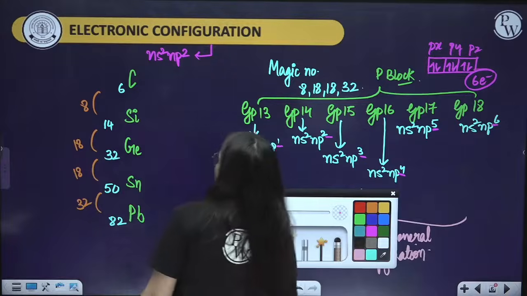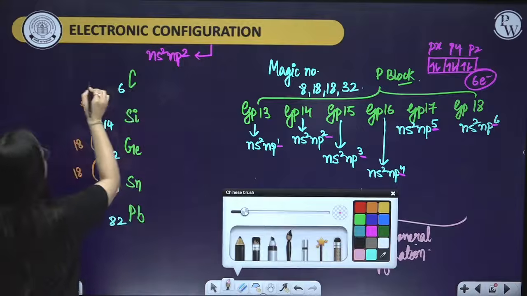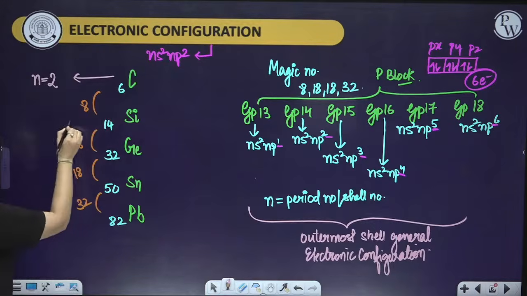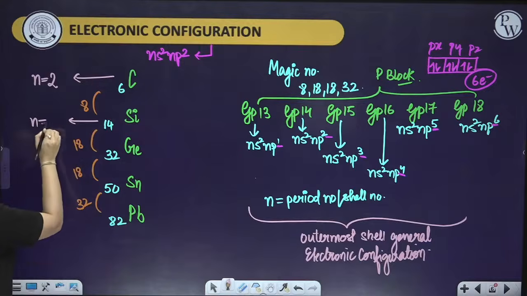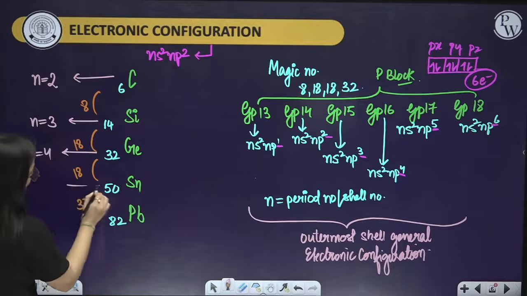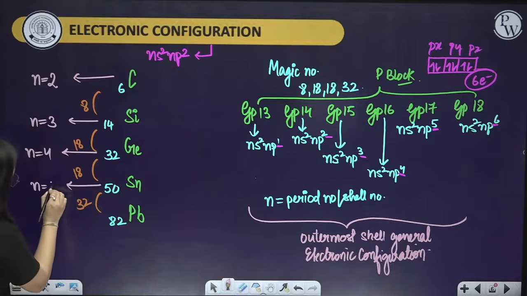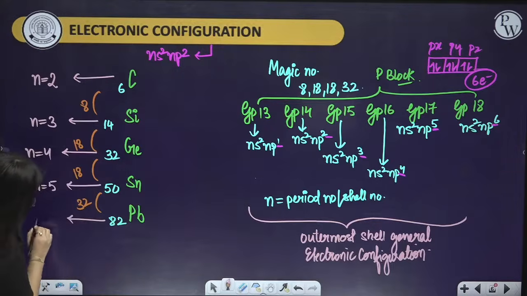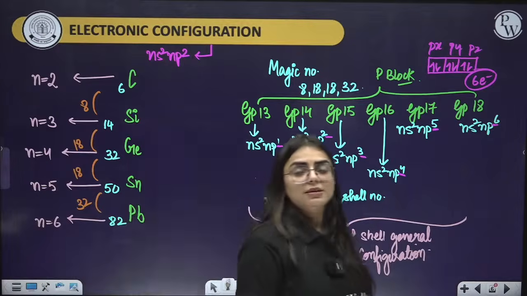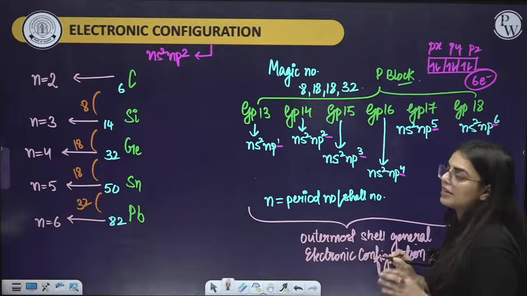Now let's write the general electronic configuration. See, let me tell you, for carbon, the n value is going to be 2. For silicon, n value will be 3. For germanium, n value will be 4. For tin, n value will be 5. For lead, n value will be 6. Yes, everyone. These are the period numbers that I have written over here.